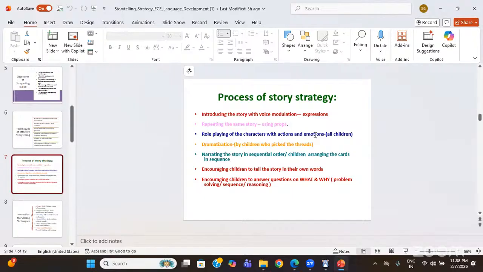So here the teacher introduces the story in a very brief manner, and then she will enact wherever it is possible. Like suppose a beautiful small chick came out of the egg and it slowly opened its eyes.